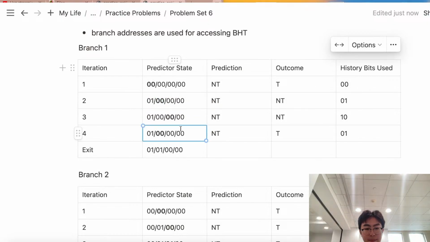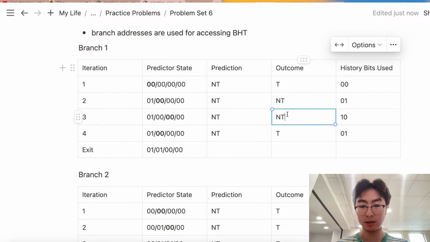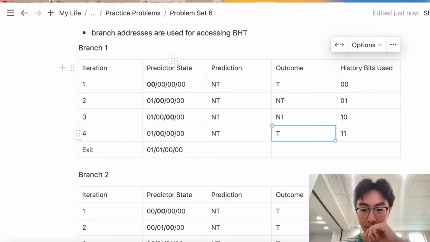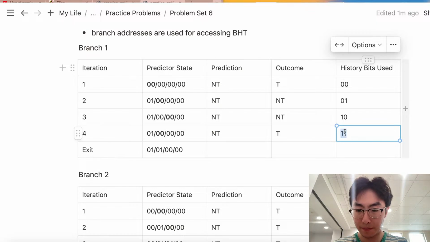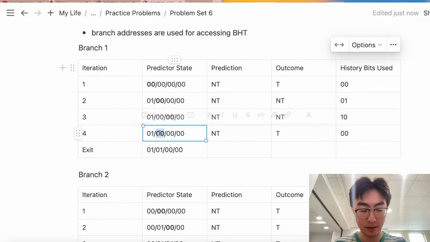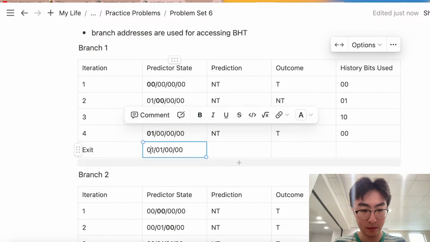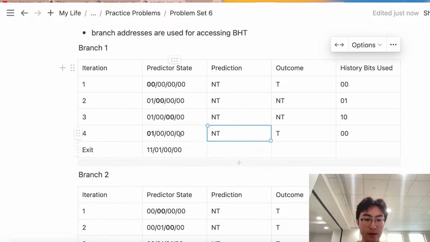Okay. 1, 0. And then we have 2 not takens. So that becomes 1, 1. This is a taken. So all of these predictions are still not taken, right? But oh no, this would be 0, 0. So now this would be 1, 1. Okay, here we go. Nice.